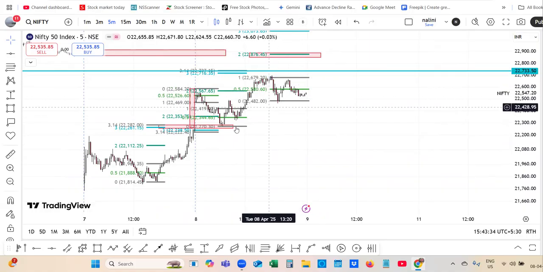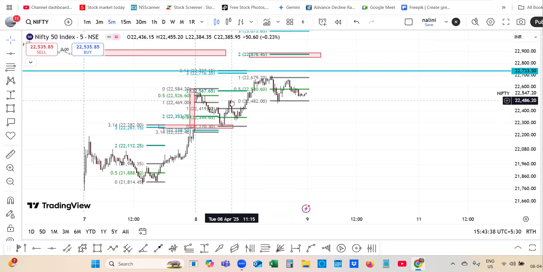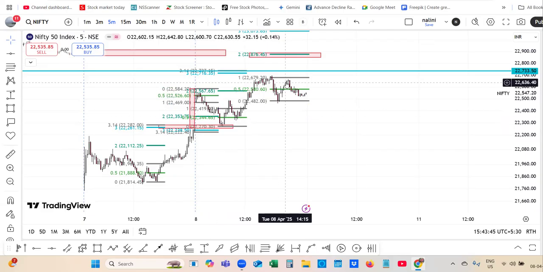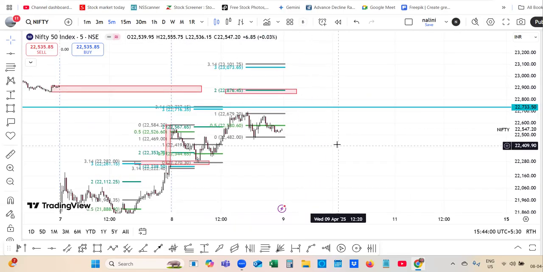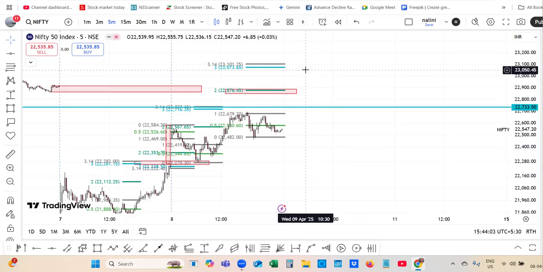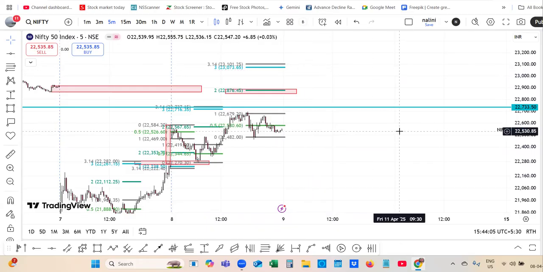We need to see, it looks like higher high, higher high, same type of pattern. You can see the same type of pattern. It has come down. We need to see if it starts moving higher. This is a higher low. If it starts moving higher, then it can travel towards 22,876 and 23,073 also.